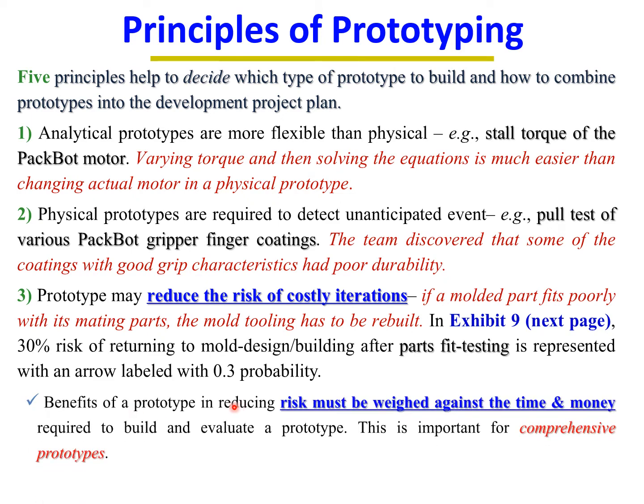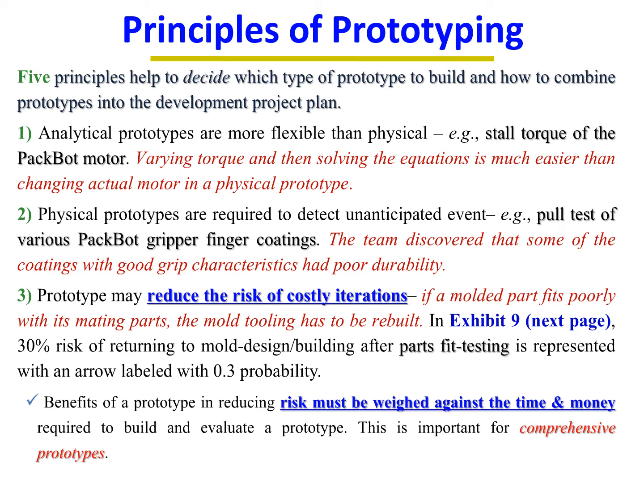The benefits of a prototype in reducing risk must be weighed against the time and money required to build and evaluate a prototype. This is important for comprehensive prototypes. So you see, now there are two things. If a prototype is there and because of the prototype you have detected some errors in the product, then you will save a lot of time and effort in the actual product.